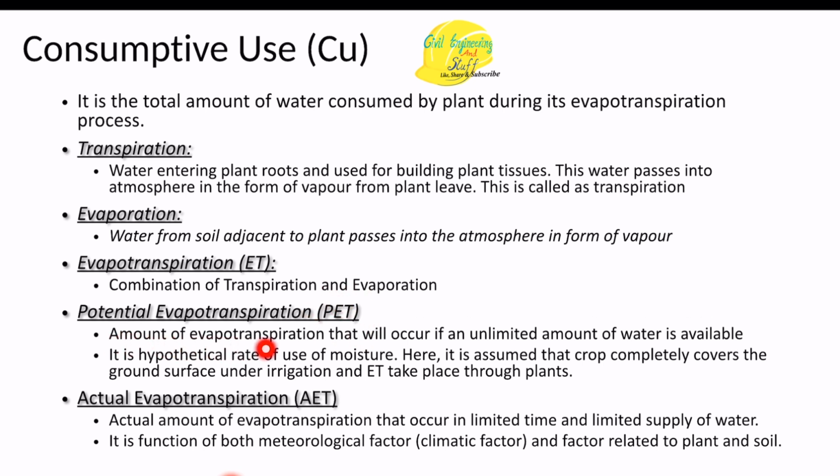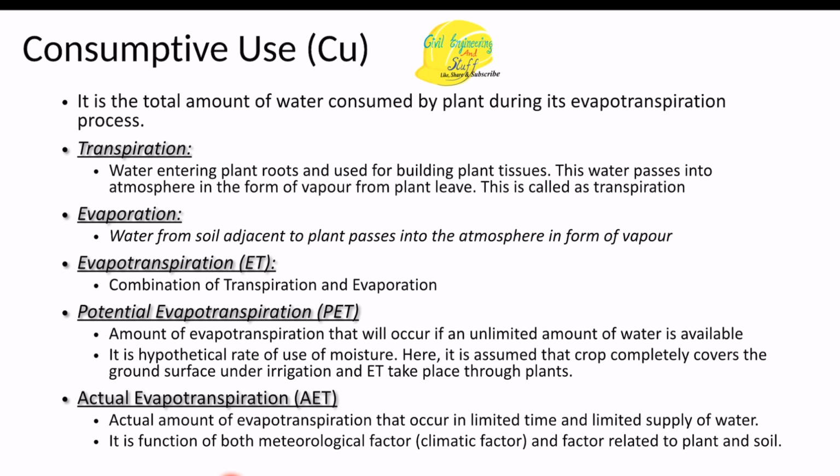It is the amount of evapotranspiration that will occur if an unlimited amount of water is available or supplied to a specific crop. All right, and it's a hypothetical rate of use of moisture, right? As and when there is certain moisture requirement for a particular crop, that is supplied. So it's an ideal situation, a hypothetical situation. And here it is assumed that the crop completely covers the ground surface under irrigation and evapotranspiration takes place through the plant.